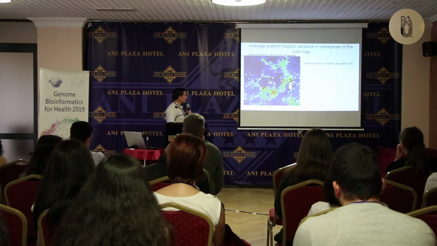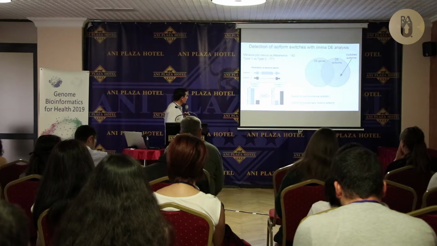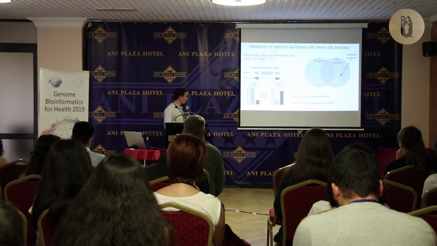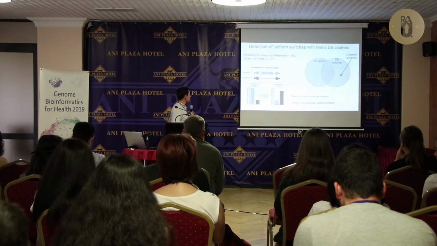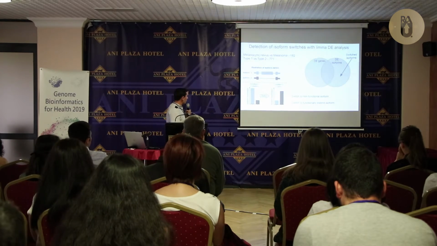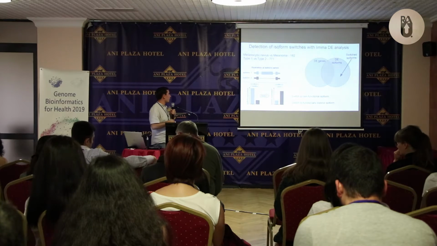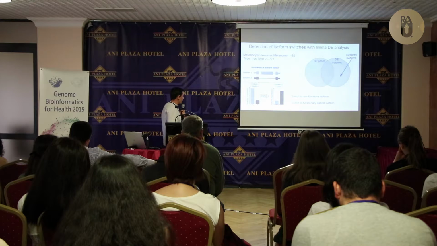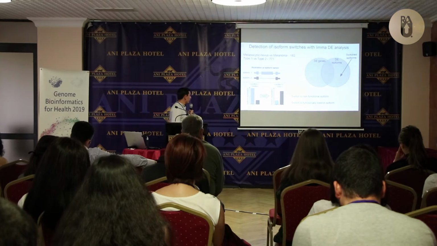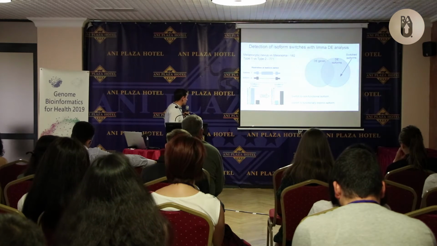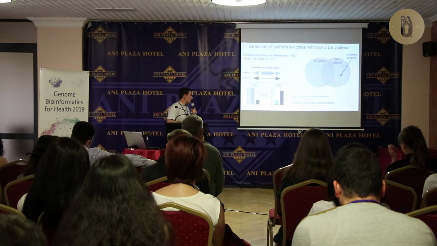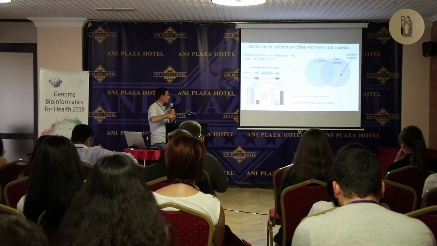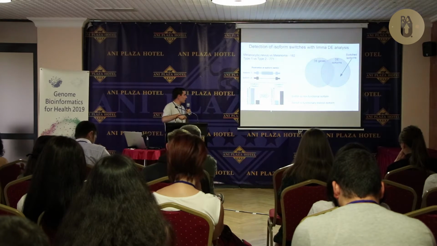So after looking at correlations, we tried to detect isoform switches. How do we perform that? First of all, let's understand what an isoform switch is. Let's say we have one gene which has 2 isoforms, and for example, in a healthy sample, one isoform is highly expressed, but the other is down. But in a tumor sample, the first one is down, but the second one is highly expressed.